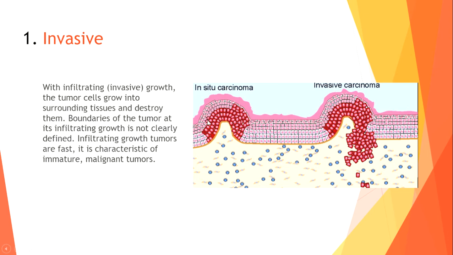Here we see in red the malignant cells which didn't break the basal lamina, and in another part of this picture we have invasive carcinoma, and we see that these red cells, which describe the malignant tumor, broke down the basal lamina and invaded the surrounding tissue, so it can metastasize.